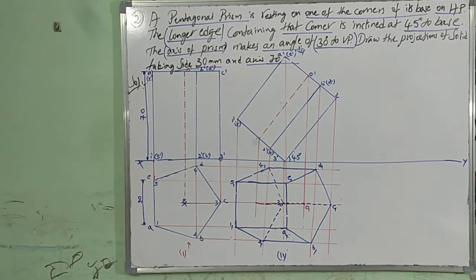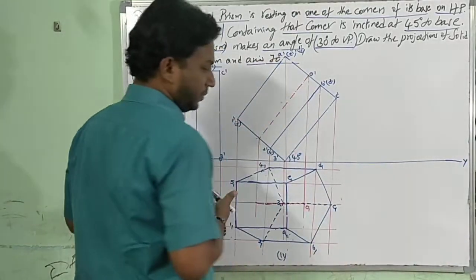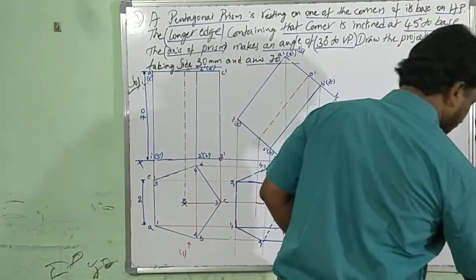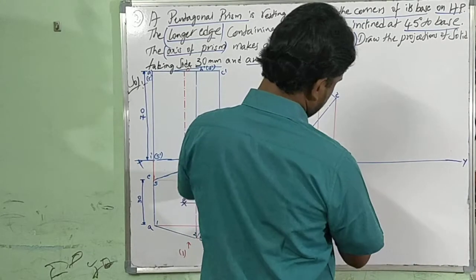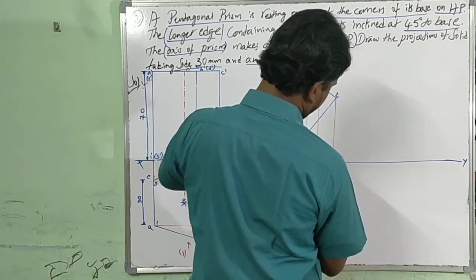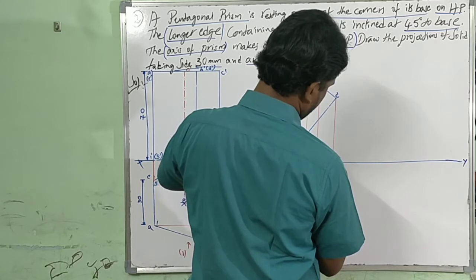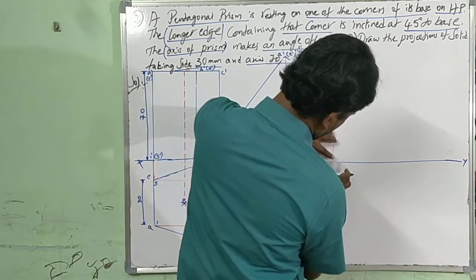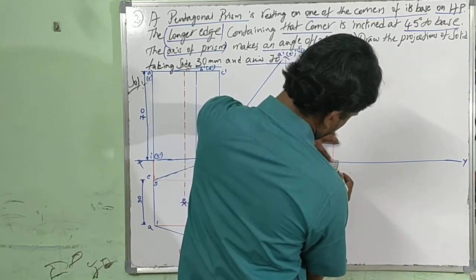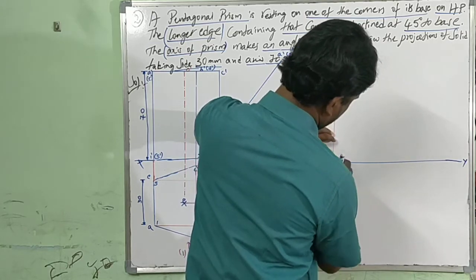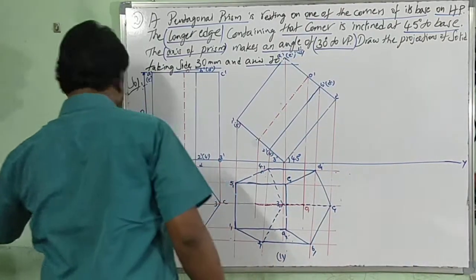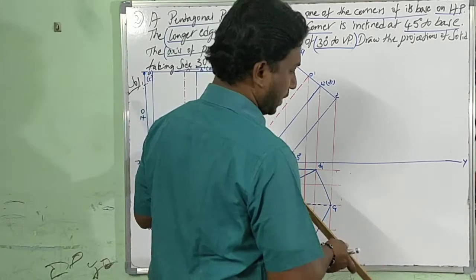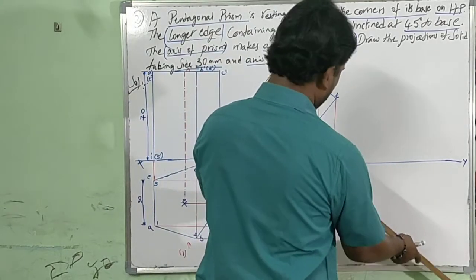The axis is to be drawn at an angle of 30 degrees to VP, right? Now take a point and draw 30 degrees. See, now this part is very difficult to draw.